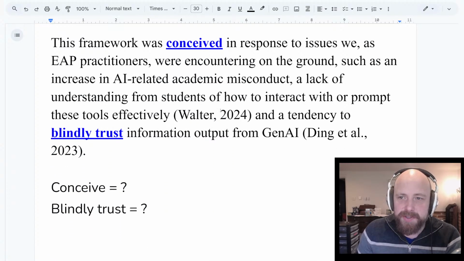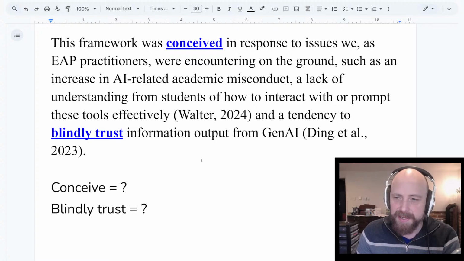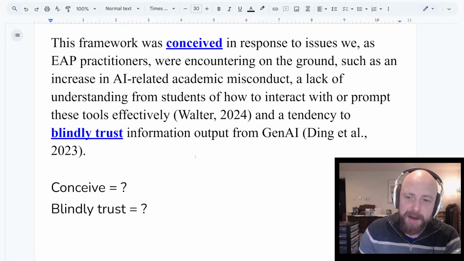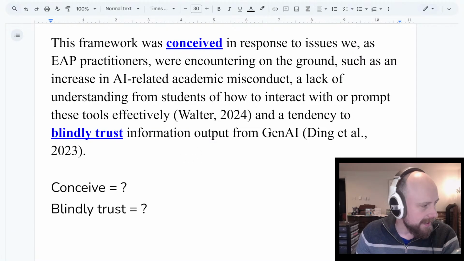This framework was conceived in response to issues we as EAP practitioners were encountering on the ground, such as an increase in AI-related academic misconduct, a lack of understanding from students of how to interact with or prompt these tools effectively, and a tendency to blindly trust information output from Gen AI.